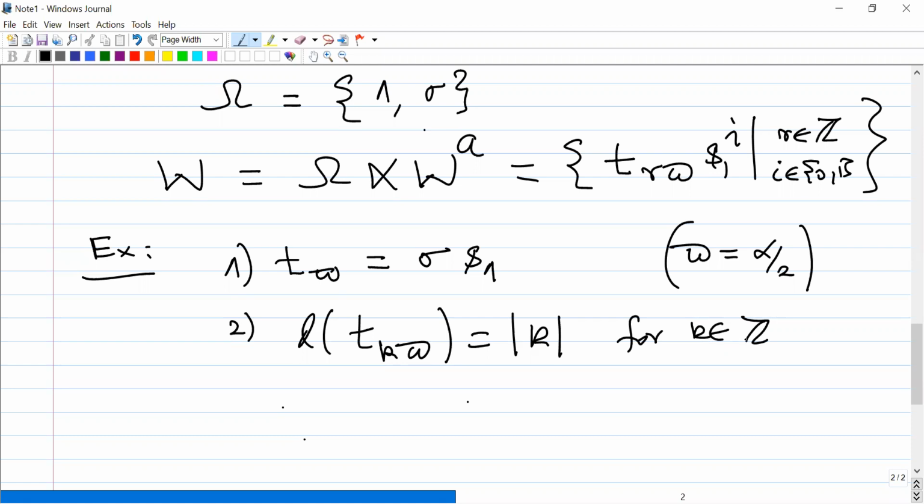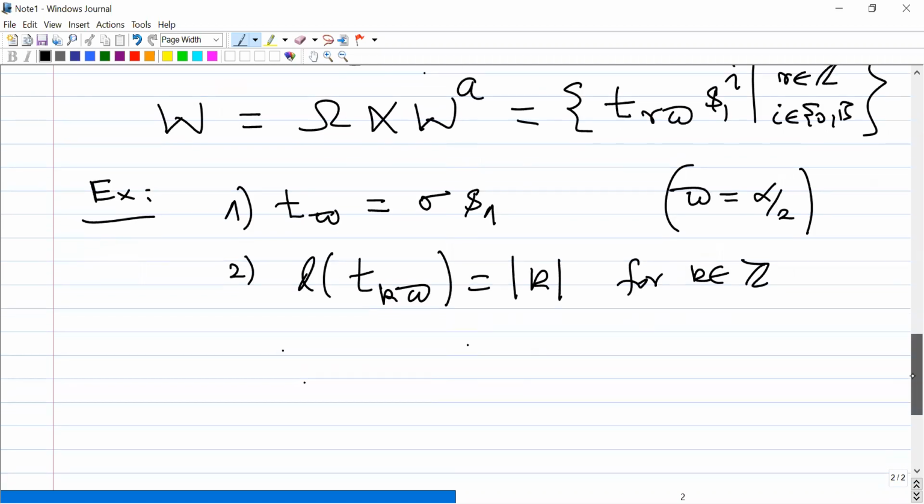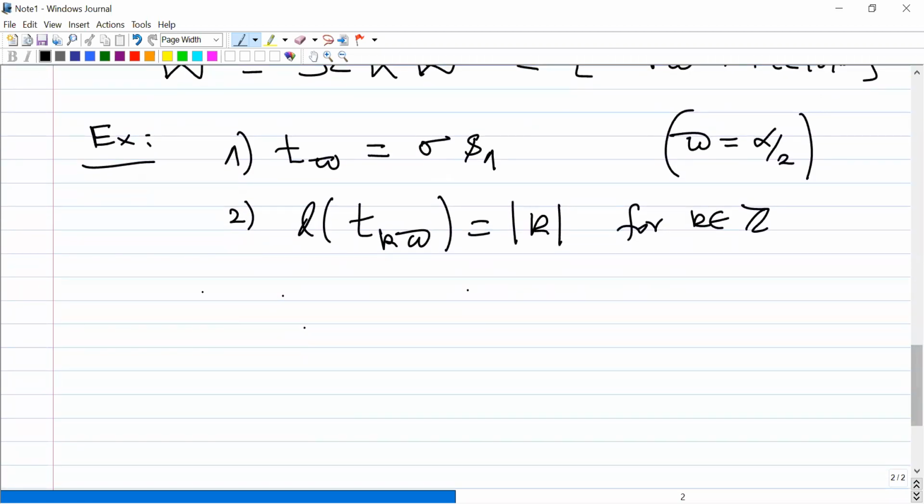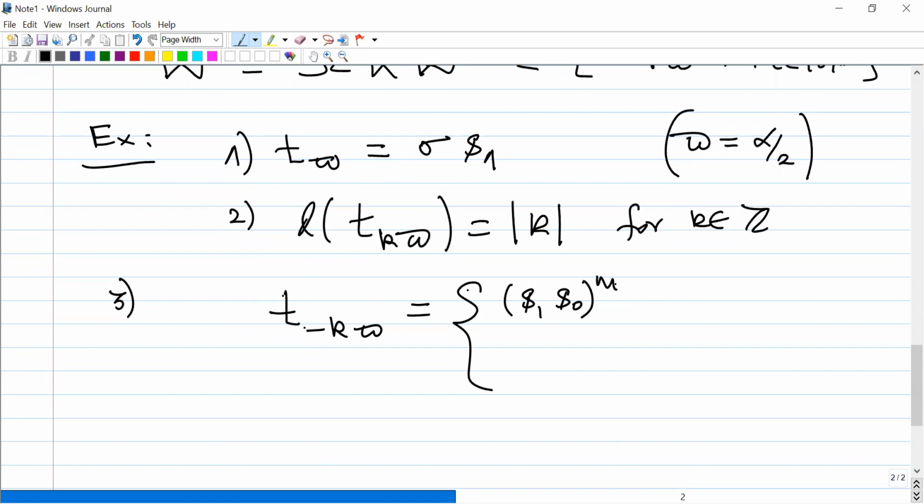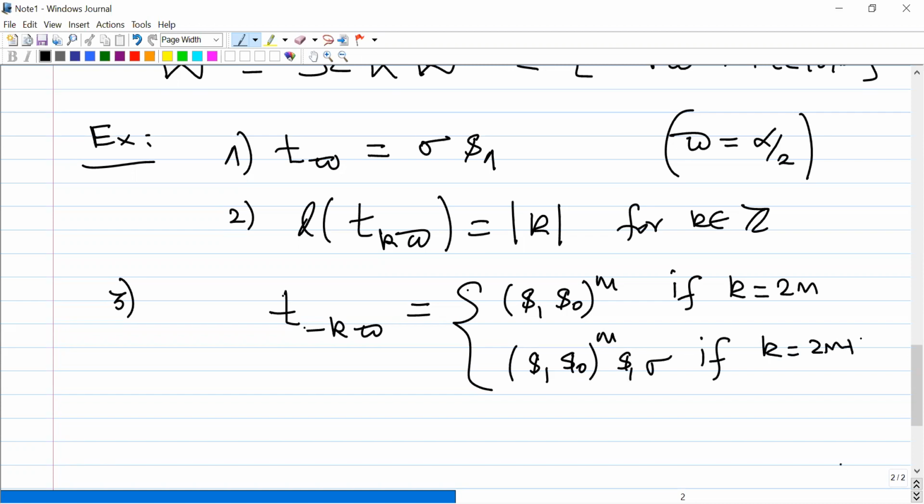I will give you some formulas that can be verified directly. So T^(minus k omega) will be exactly equal to (S1 S0)^m if k equals 2m, and (S0 S1)^m S0 sigma... S1 sigma if k equals 2m plus 1.